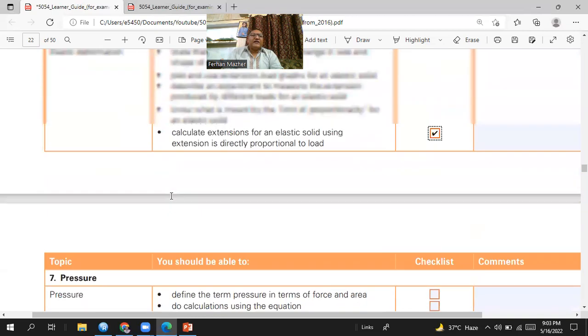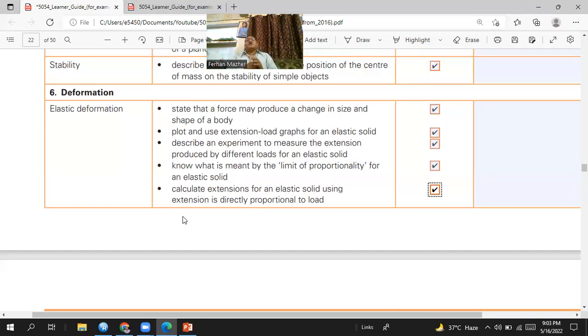Another very important thing in elastic deformation is the case of springs. For example, suppose I hang a 2 Newton load on a spring and the extension produced is 4 centimeters.